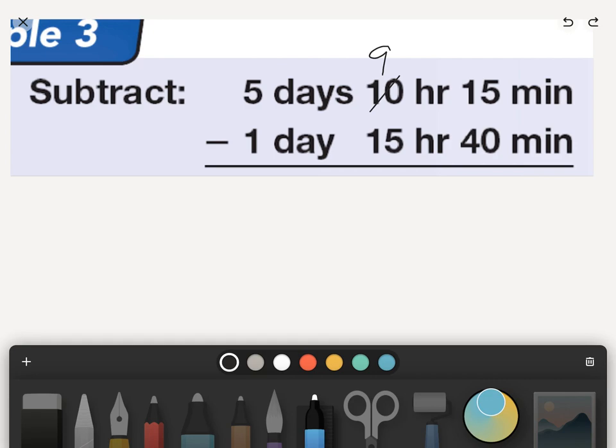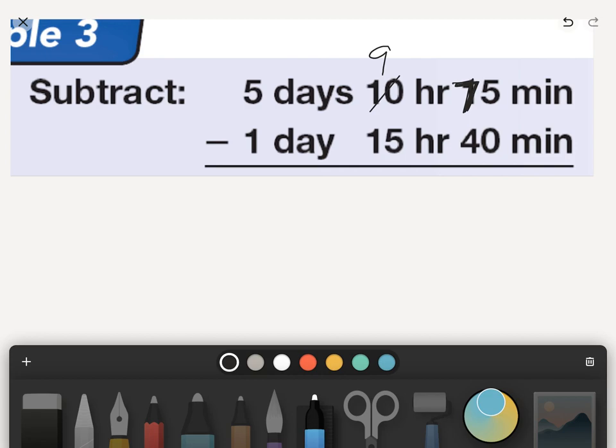No, sorry. How many minutes would I add to my 15? It was 60. Right? So if I take 1 hour from here, I can add 60 minutes to here. So I can essentially make this into 75 minutes. 15 plus 60. And so now I may proceed.